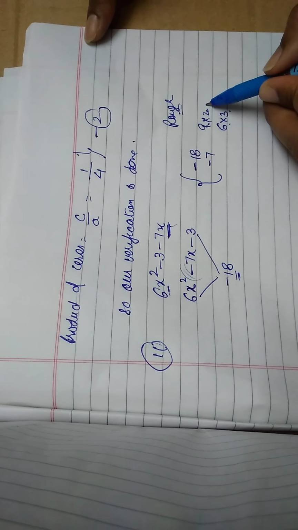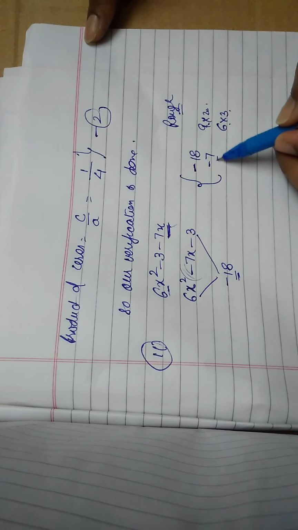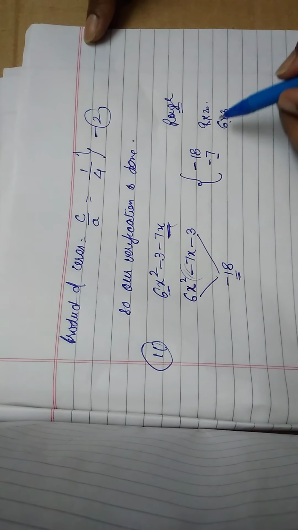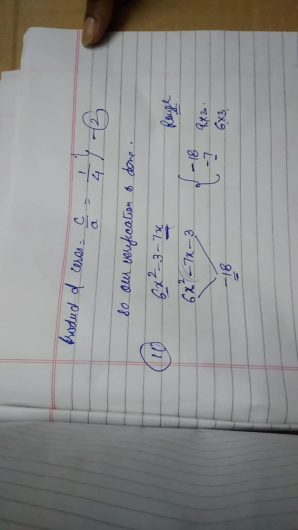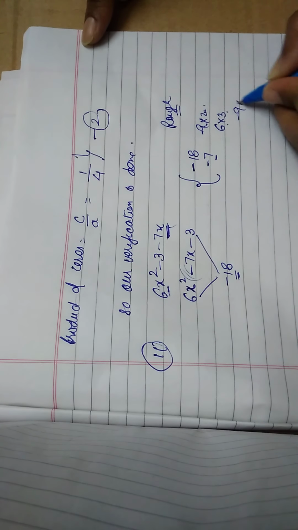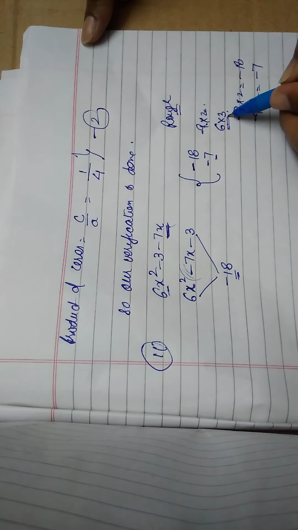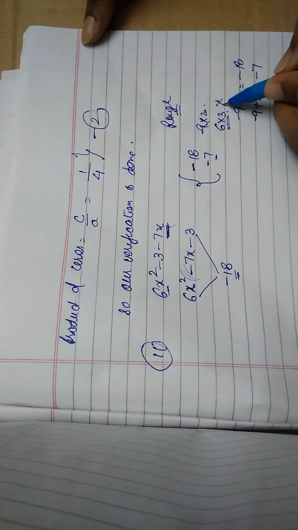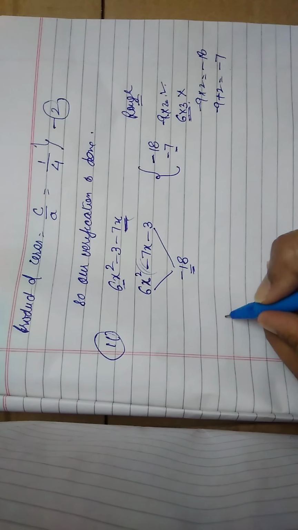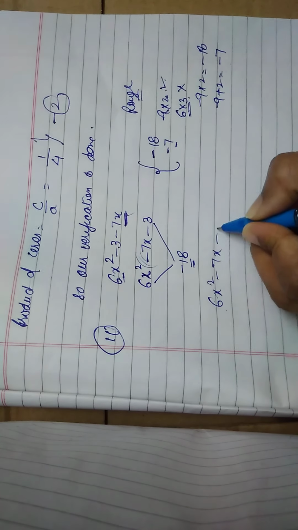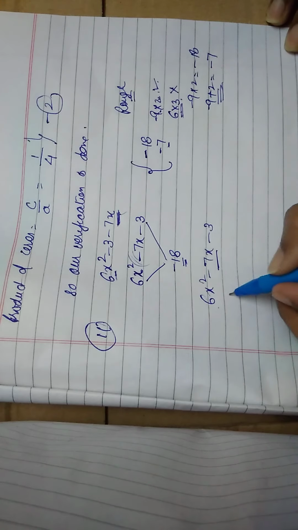We want minus 7, so taking minus with the larger number: minus 9 into 2 is minus 18, and minus 9 plus 2 we get minus 7. 6 and 3 is not a correct pair, so this is not suitable for us; 9 and 2 is suitable.